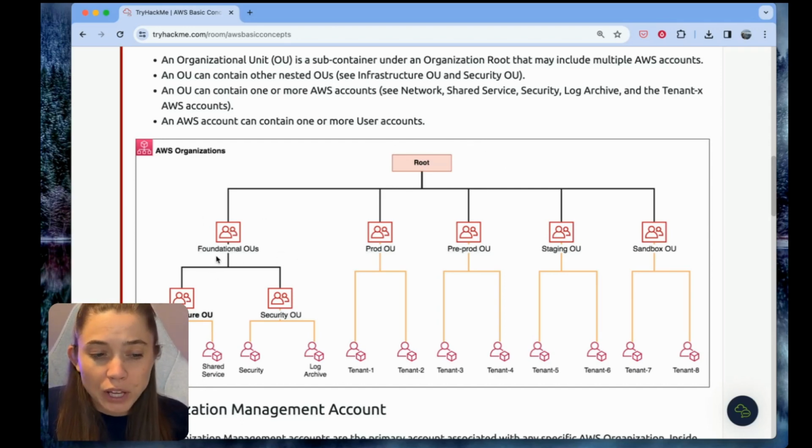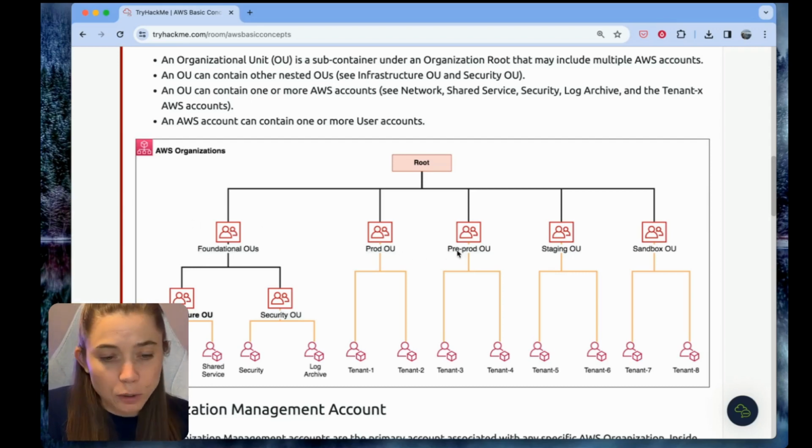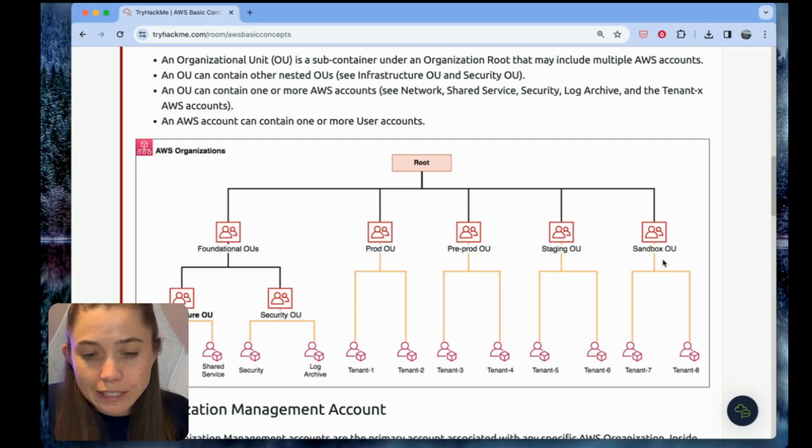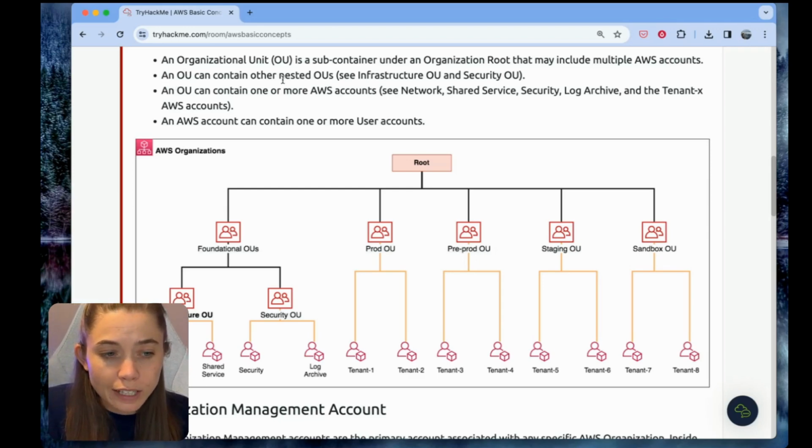So in this diagram, we have a foundational organizational unit, a prod organizational unit, so production, a pre-prod organizational unit, a staging organizational unit, and then a sandbox organizational unit. And organizational units can contain other nested organizational units. See the infrastructure organizational unit and security organizational unit as examples.